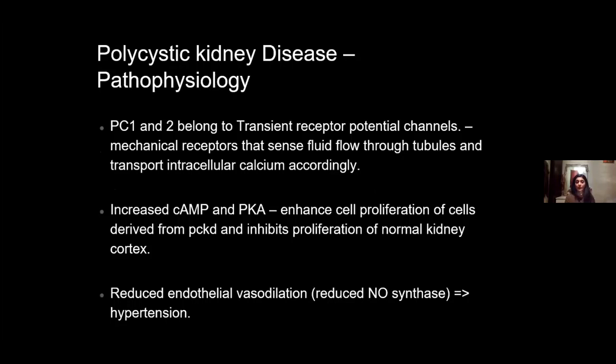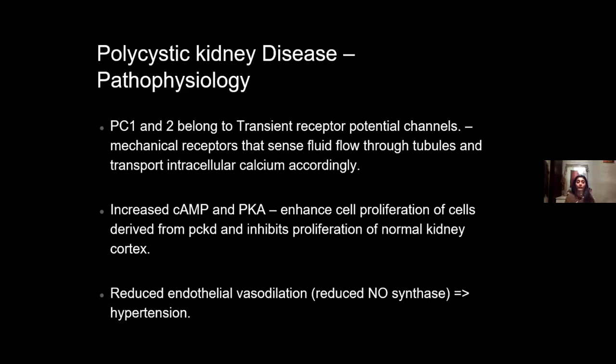So polycystin 1 and 2 belong to transient receptor potential channels, and these are mechanical receptors that sense fluid flow through the tubules, and they transport intracellular calcium accordingly.